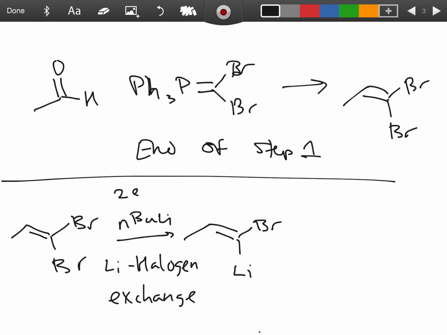As you put it, we have at least 2 equivalents of n-butyllithium in this reaction. Right? Then our second n-butyllithium, let me fix where this lithium is. It actually matters. It should be over here. Sorry.